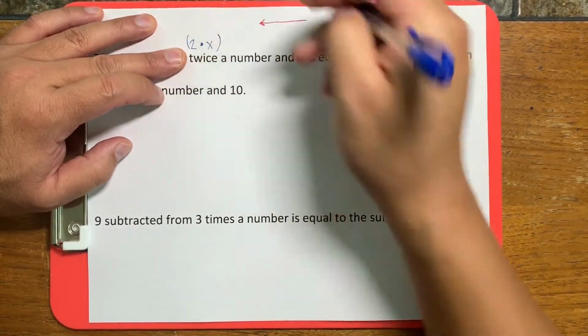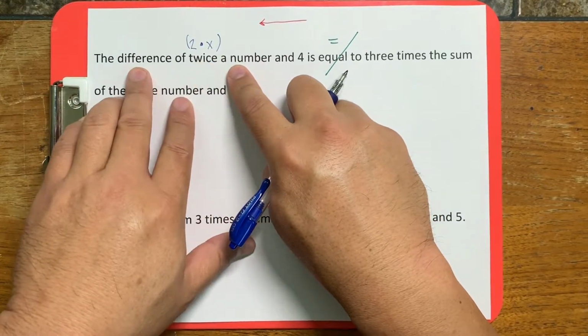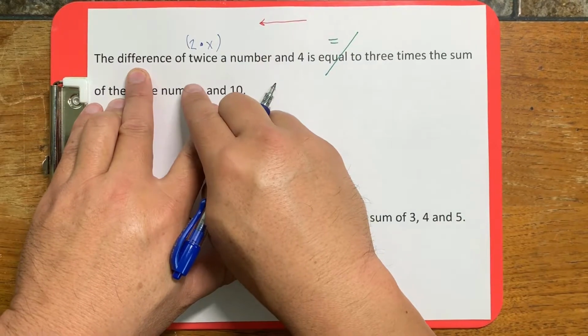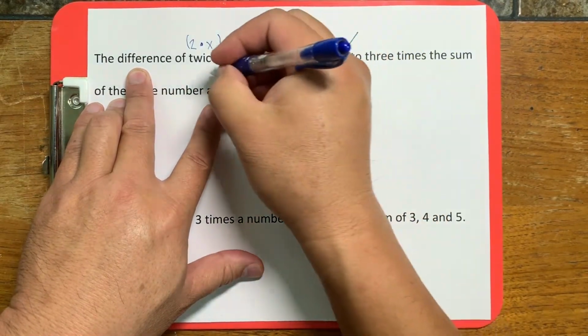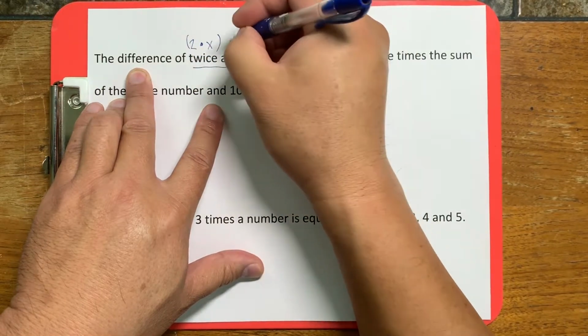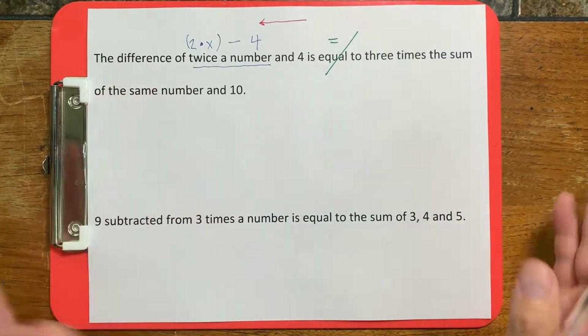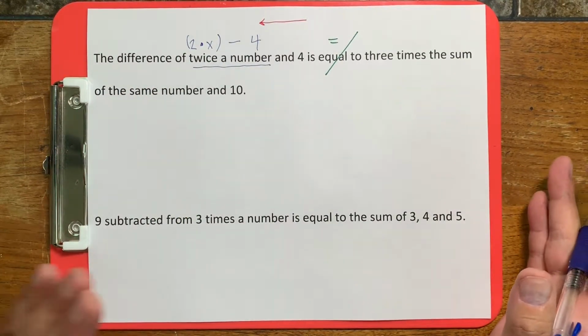This is what we're doing first. And then after I do twice a number, I'm going to do difference, which is subtraction. Now, be careful, when it's subtraction, the order matters. So the first thing I'm doing is twice a number, and then minus 4. You have to keep the same order because we don't see the word from or than.